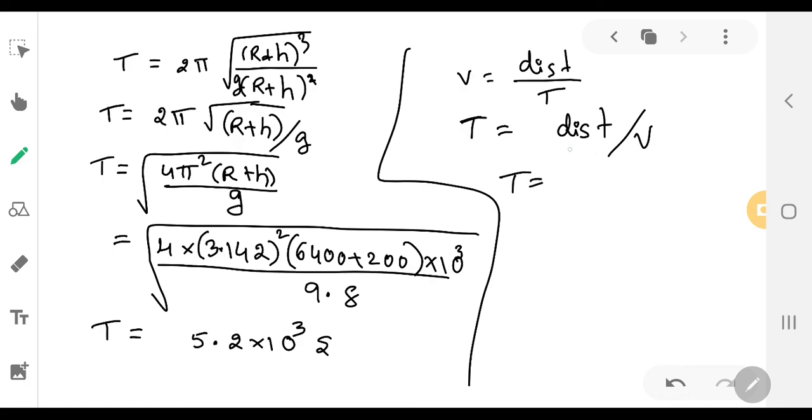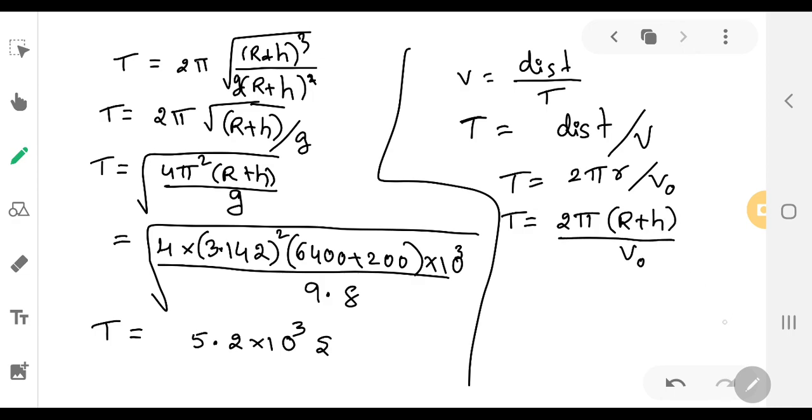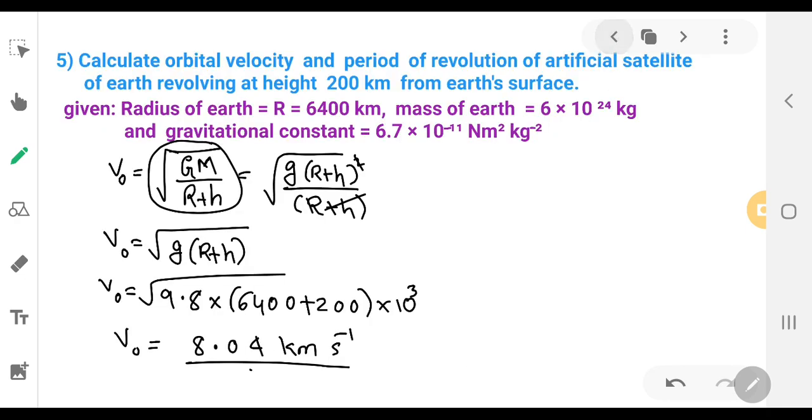So distance for one rotation is the circumference, which is 2 pi r, divided by the velocity with which it is rotating, the orbital velocity. So T is equal to 2 pi, r value is nothing but capital R plus H, divided by V naught. Substitute the value: 2 pi, r value is 6400 plus 200 into 10 to the power 3, divided by V naught. V naught value we have already calculated in the previous sub question.